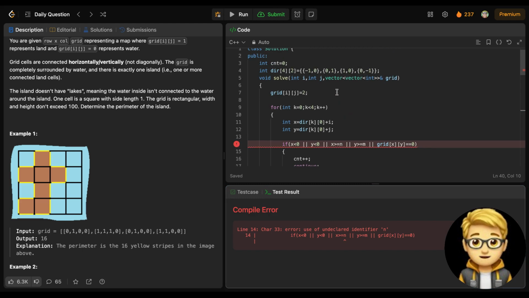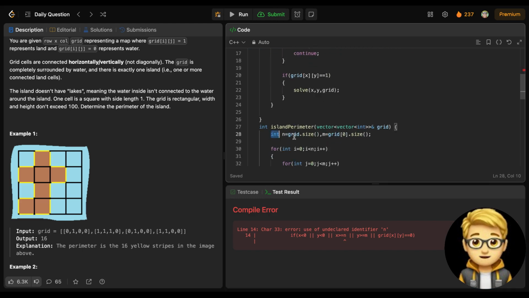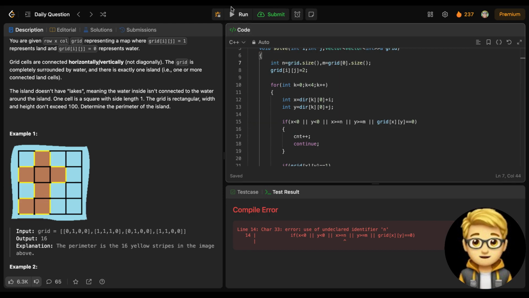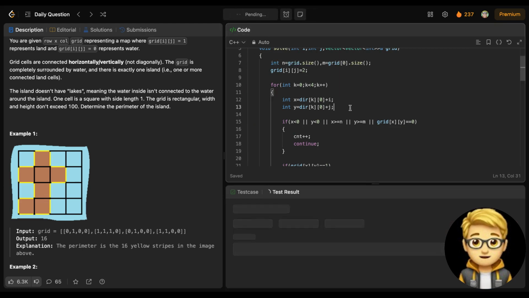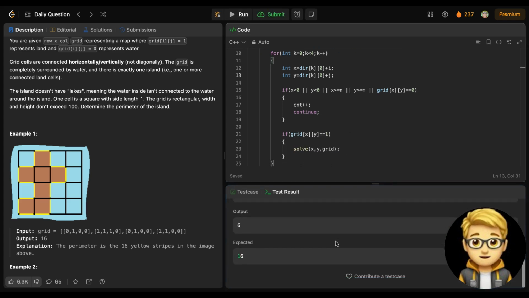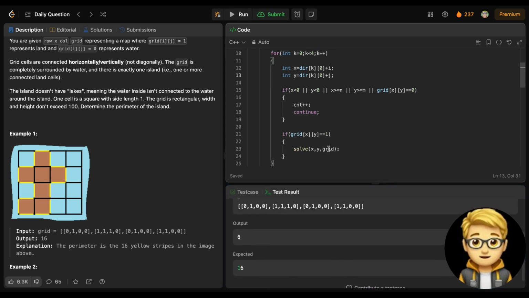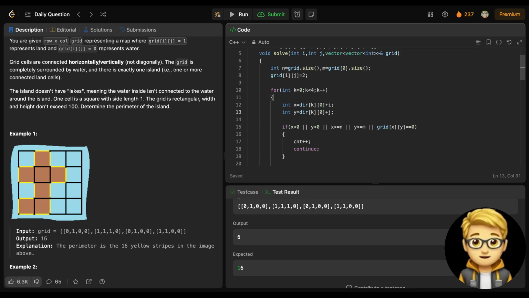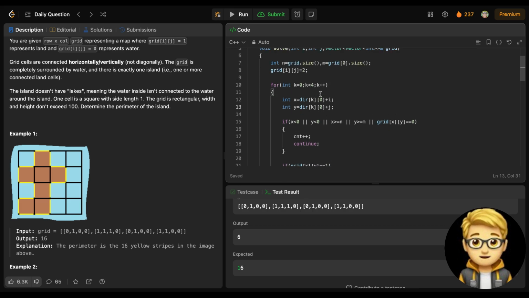Some error is there. Okay, I have not defined n. Let's run. Did I miss something? Grid i j is marked as 2.